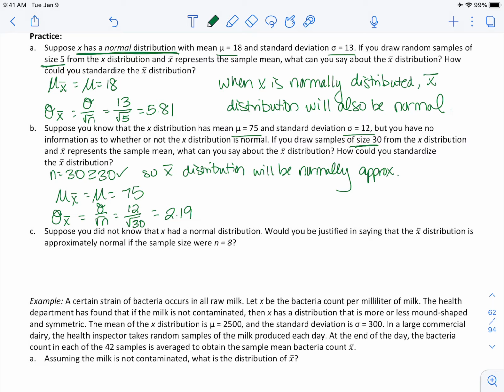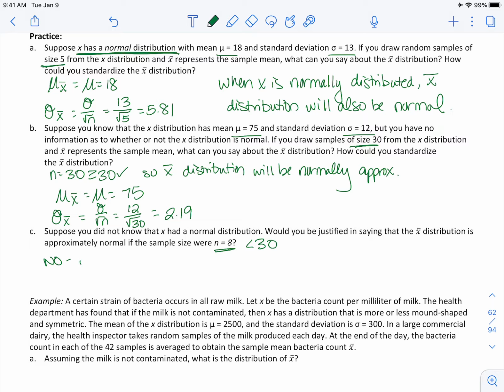Suppose you did not know that x had a normal distribution. Would you be justified in saying that the x bar distribution is approximately normal if the sample size were n equals 8? So here, this is less than 30, right?